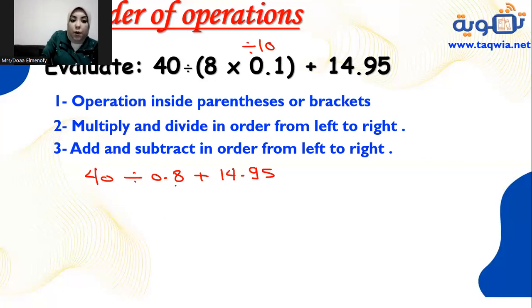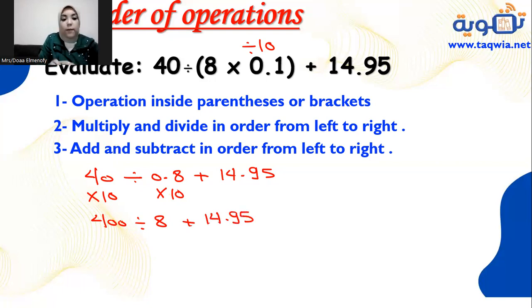So 0.8, we multiply by 10. And if we multiply the divisor by 10, we have to multiply the dividend by 10. So it's 400 divided by 8, plus 14.95.